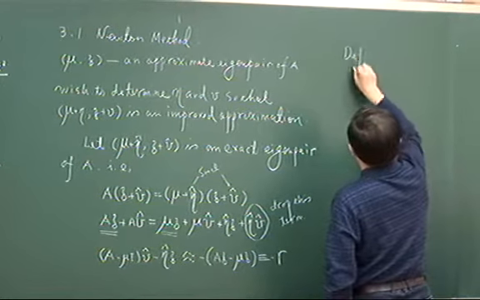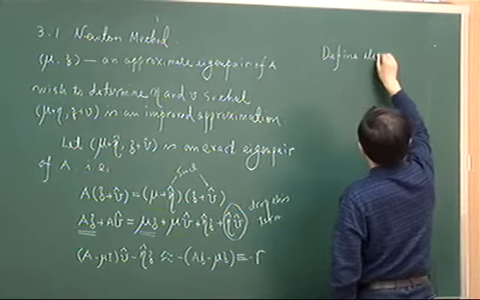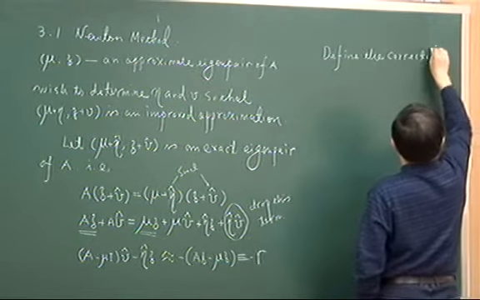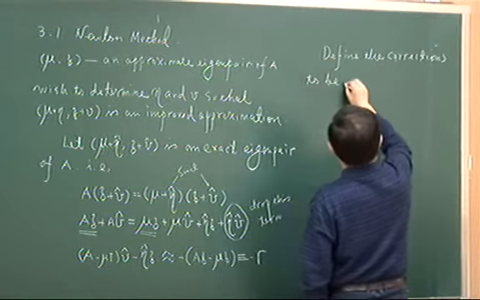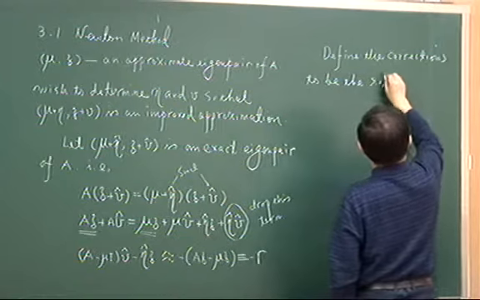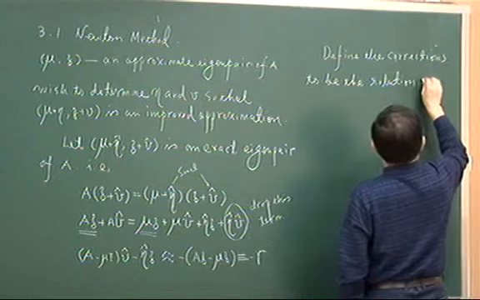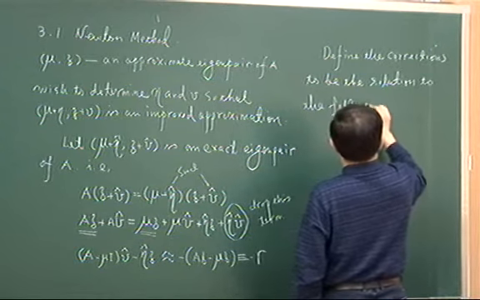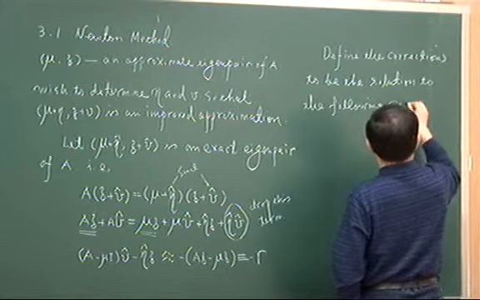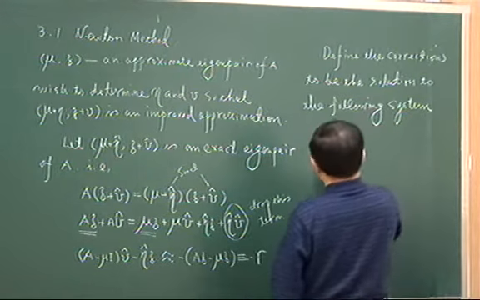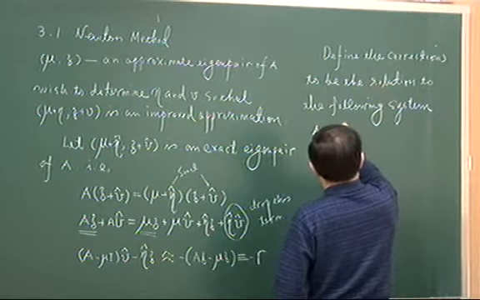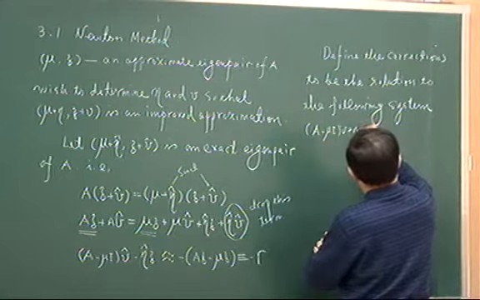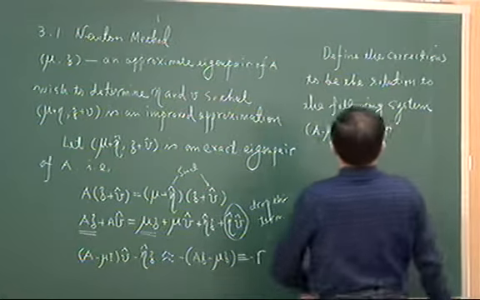So define the correction to be the solution to the following system: (A minus mu I) v minus delta mu z is equal to minus r, where r is the residual.